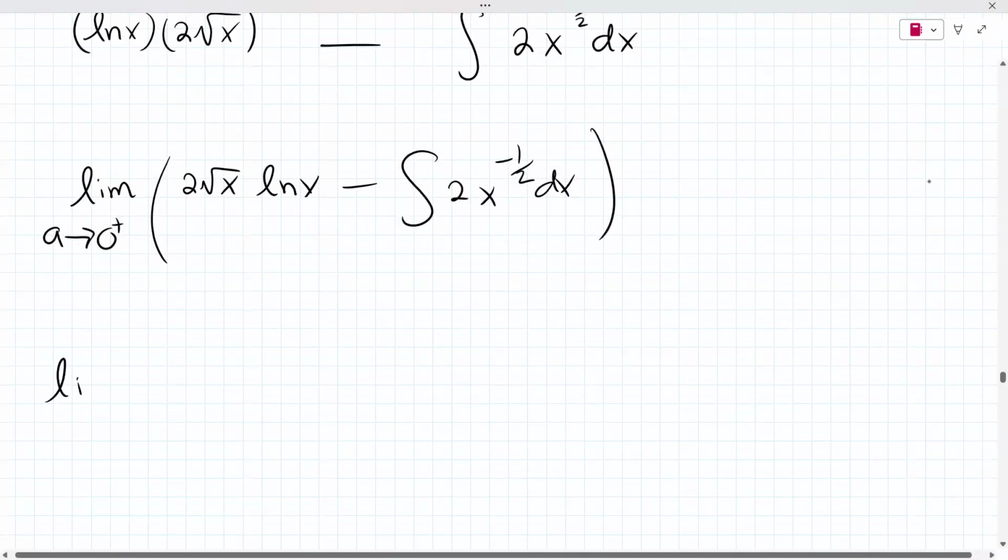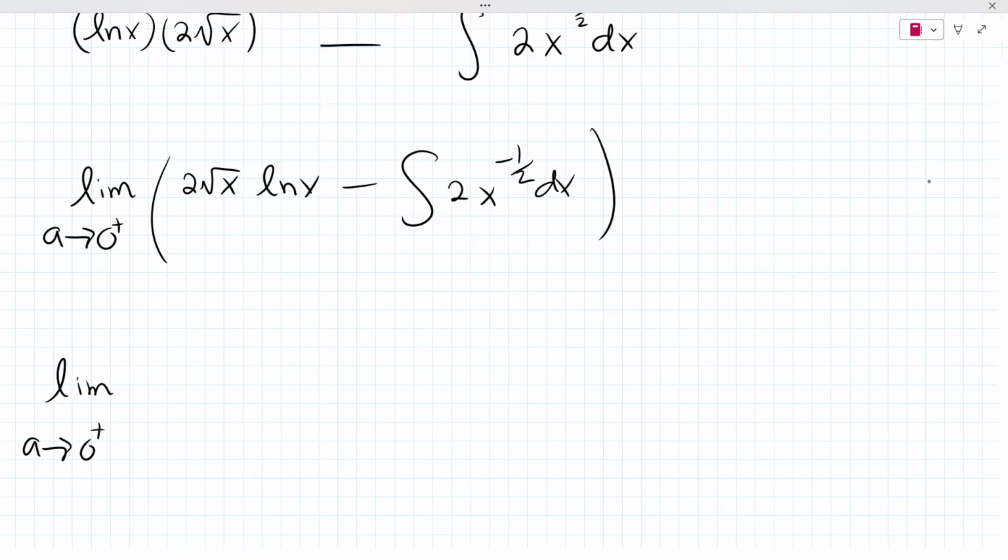And then it's going to be the limit as a approaches 0 to the right, 2 radical x ln of x minus the integration of this, which is old power plus 1, so negative 1/2 plus 1.